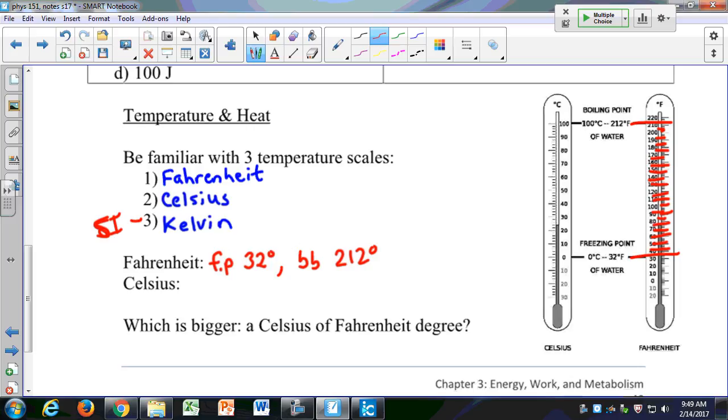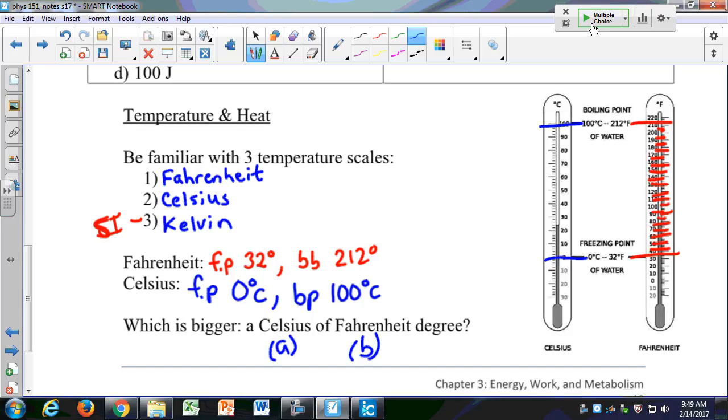Celsius, in a very similar way, we say that the freezing point of water is 0 degrees Celsius, and the boiling point of water is 100 degrees Celsius. So this is 0, this is 100. Which is bigger? Is a Celsius degree bigger, or is a Fahrenheit degree bigger?